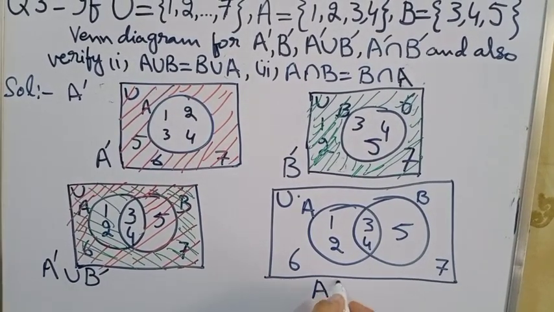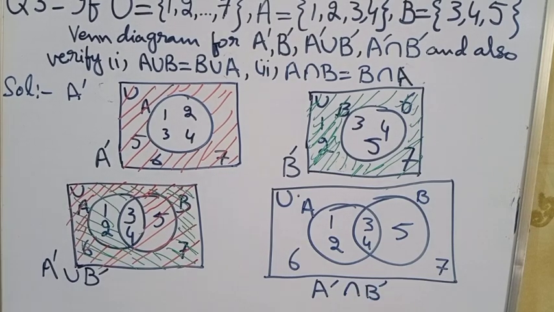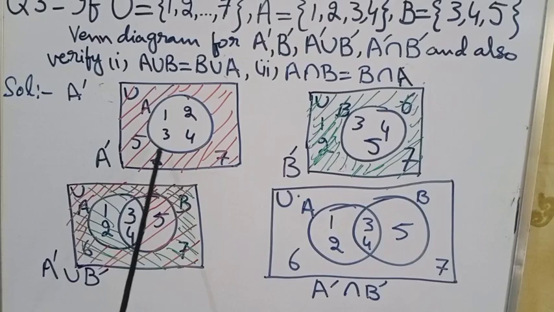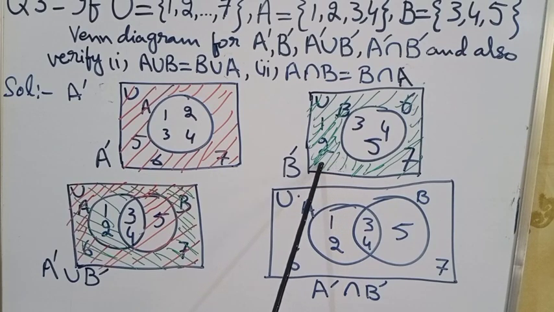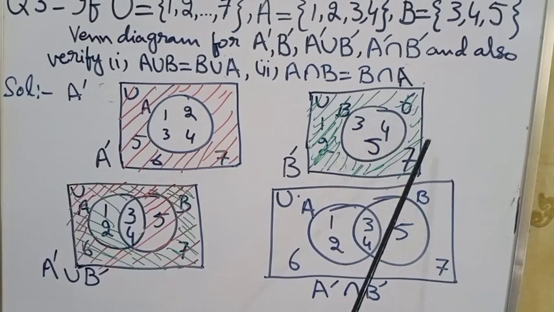We observe that these two sets are A complement and B complement, and the elements which are common in both sets are 6 and 7.